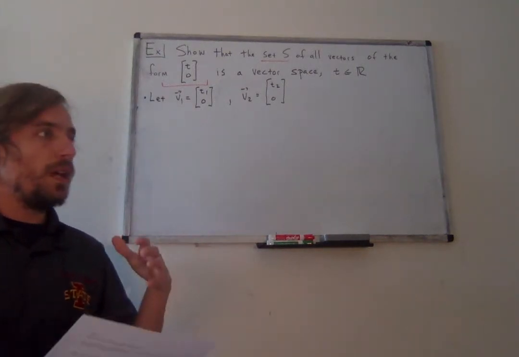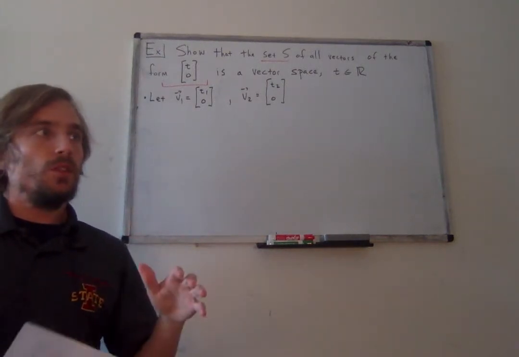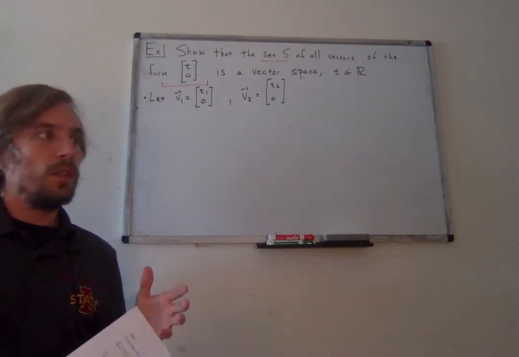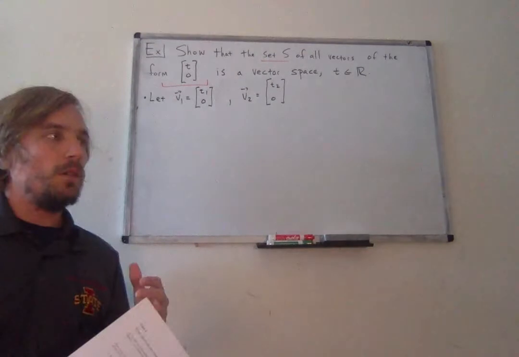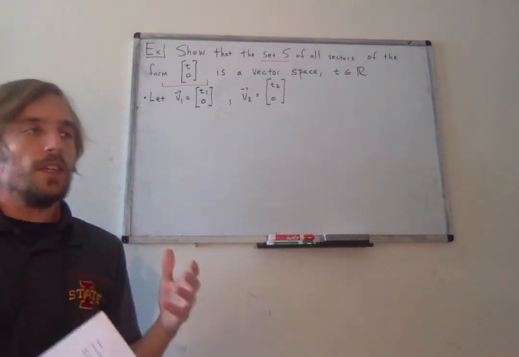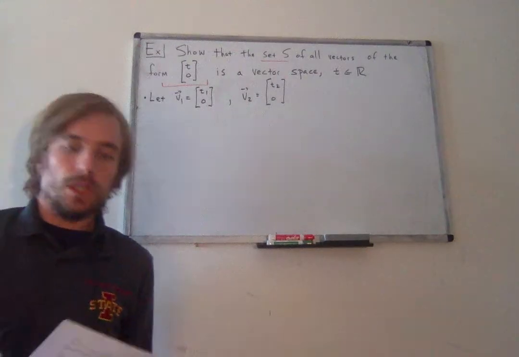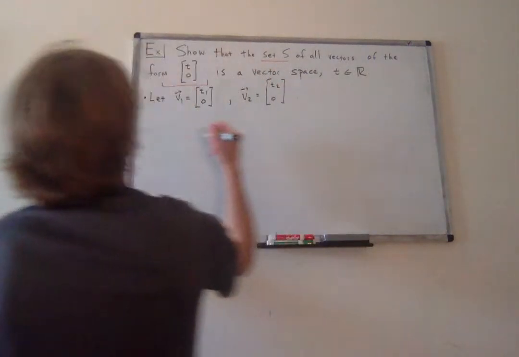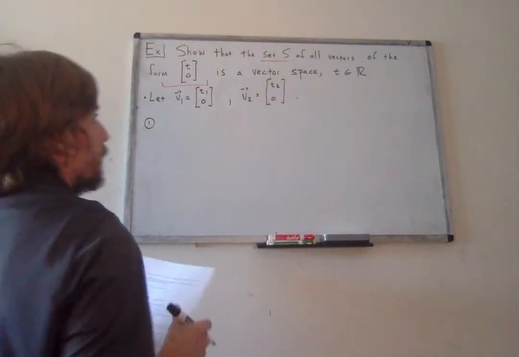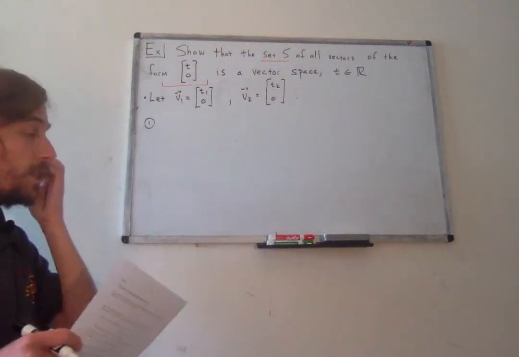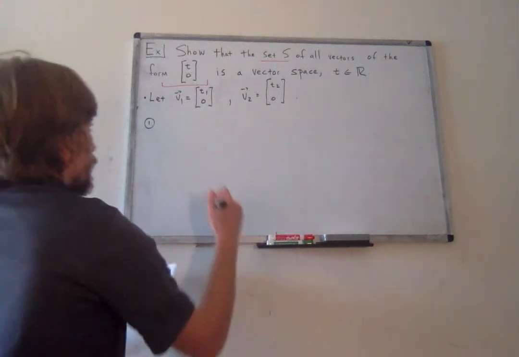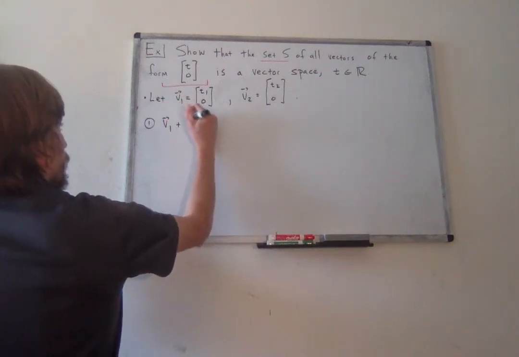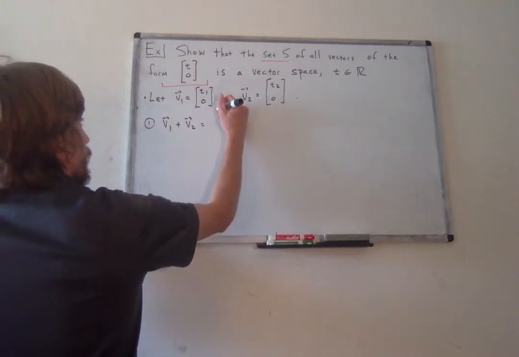One of the easiest things to do is check a specific example and say the example holds, therefore this is a vector space, but sometimes examples can be a little deceiving. So the first thing we need to check, since I have two arbitrary vectors in this space, is that the sum of these two vectors is again a vector in this space.